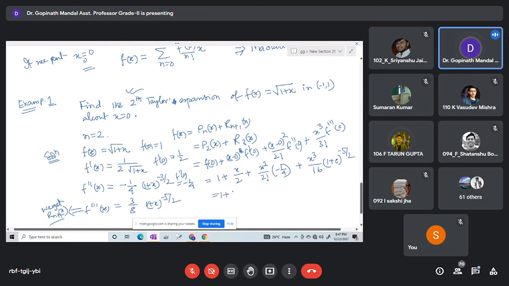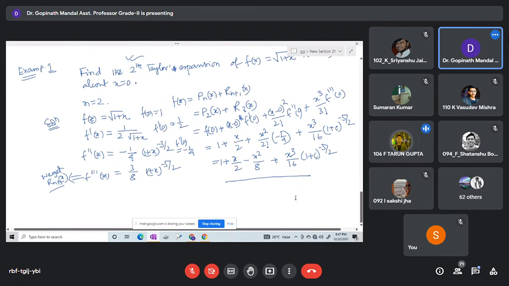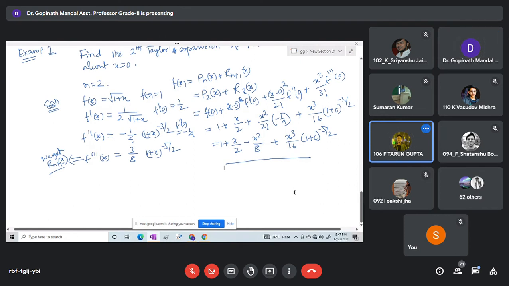So this is our second Taylor expansion. Here 3 factorial is 6, and 3 by 8, so 3 factorial into 3 by 8 gives the 16 in the denominator.